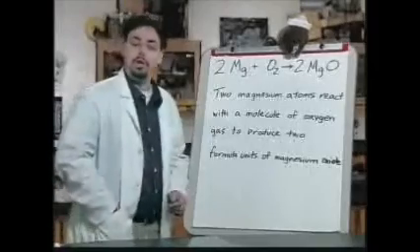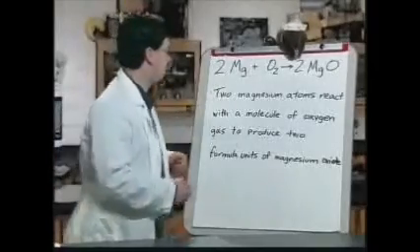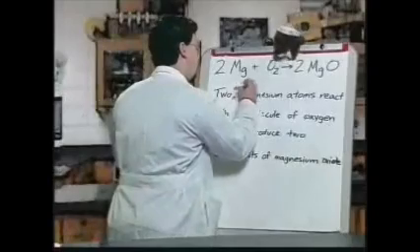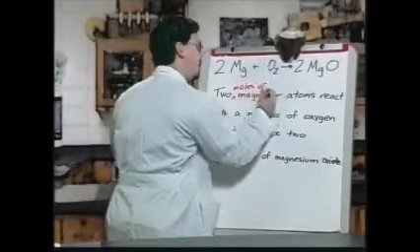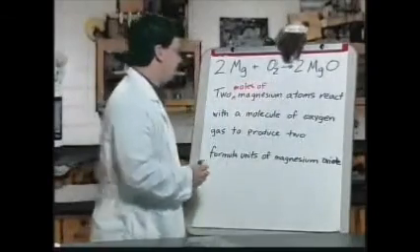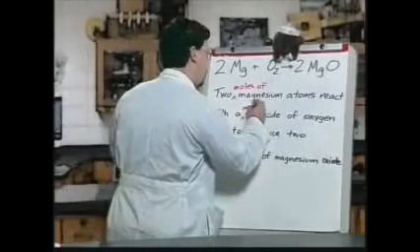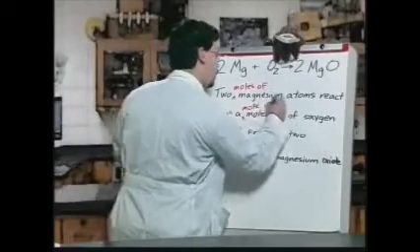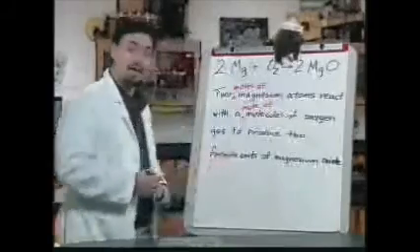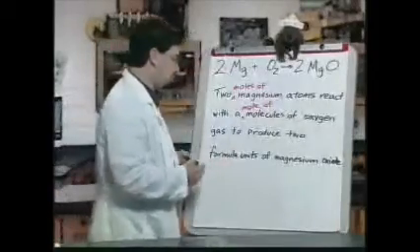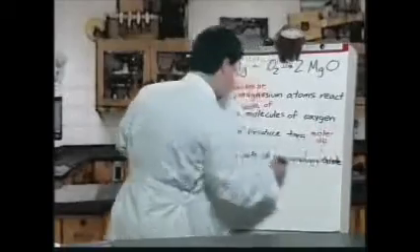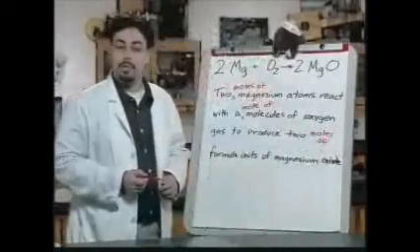So, we could just as easily have said 2 moles of magnesium atoms react with a mole of molecules of oxygen gas to produce 2 moles of formula units of magnesium oxide.